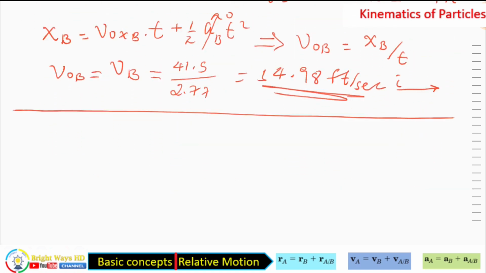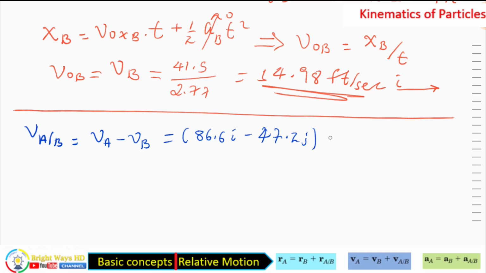Now once we have that, we can evaluate the velocity of A with respect to B. That means the velocity of A with respect to B is equal to the velocity of A minus the velocity of B, which is equal to the velocity of A, 86.6 in the i minus 47.2 in the j, minus the velocity of B, now 14.98 in the i direction.